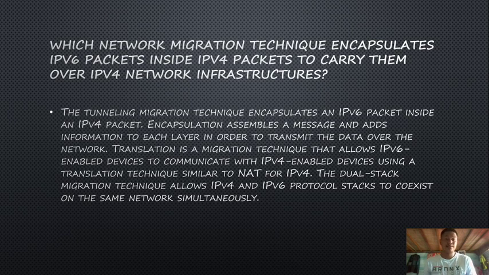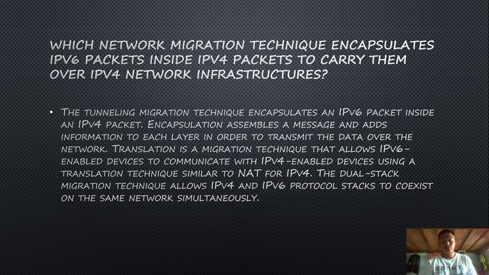The next scenario is: which network migration technique encapsulates an IPv6 packet inside an IPv4 packet to carry it over IPv4 network infrastructures? The answer and the explanation is the tunneling migration technique, because encapsulation assembles a message and adds information to each layer in order to transmit the data over the network.